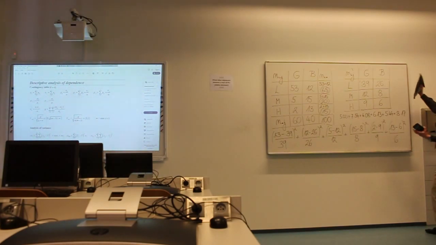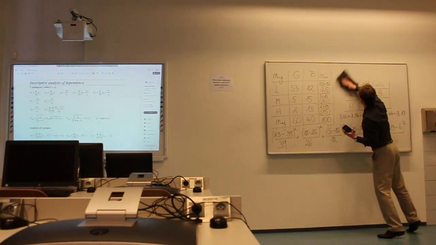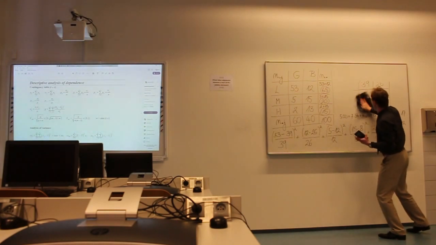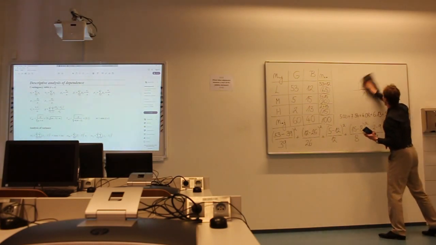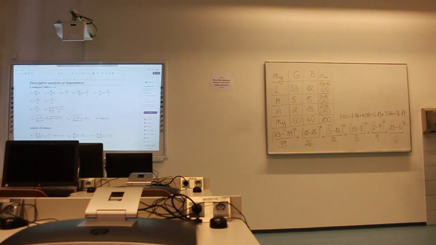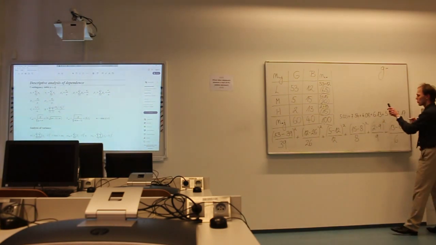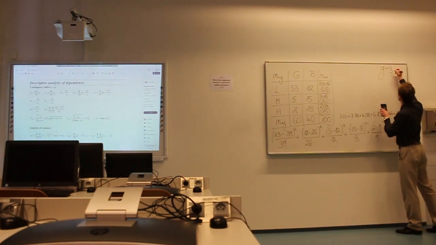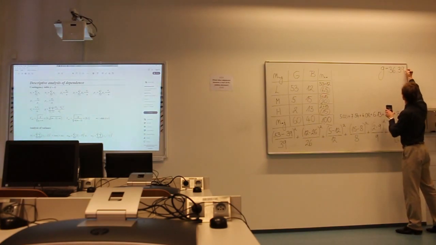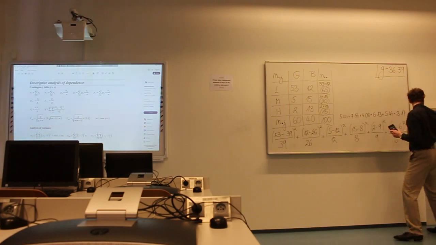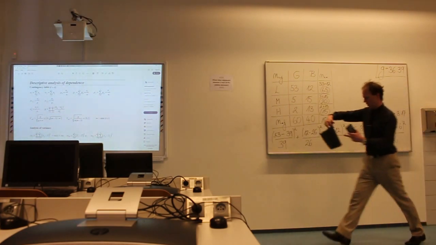I think that it's not necessary to have this table here, and the result, statistic G, is equal to 36.39. Okay, so it's G statistic.